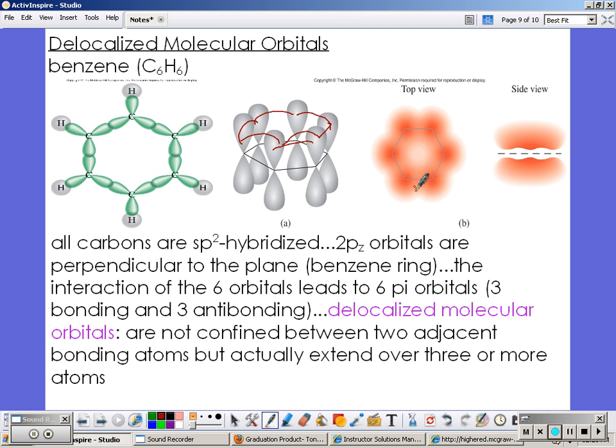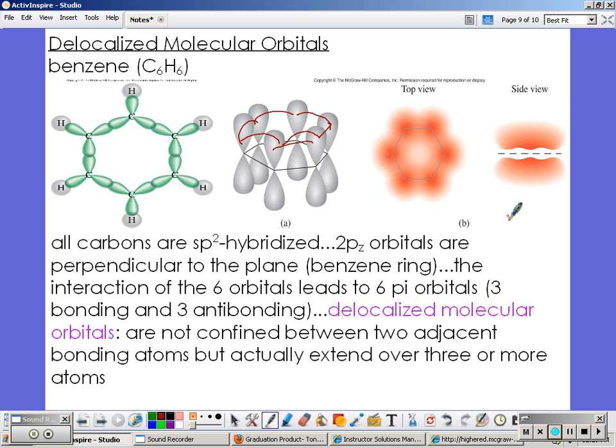This is our top view, and then we have our side view. So we have electrons hanging out above and below that perpendicular line. So the interaction of the 6 orbitals leads to 6 pi orbitals, 3 bonding, 3 antibonding. The delocalized molecular orbitals then are not confined between the 2 adjacent bonding atoms, but actually extend over 3 or more.